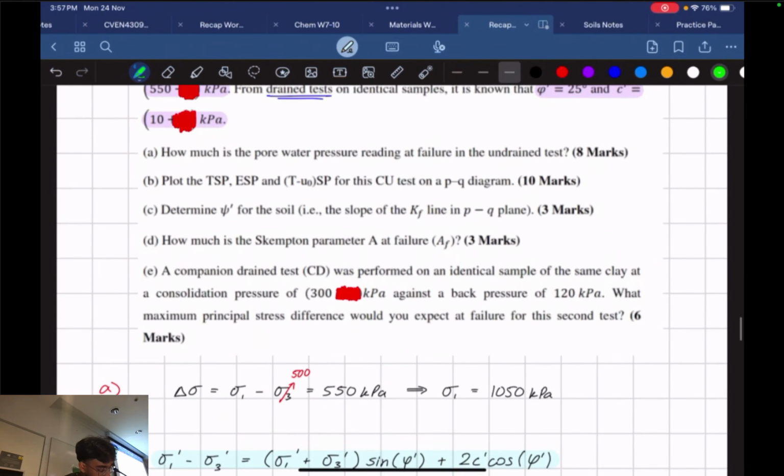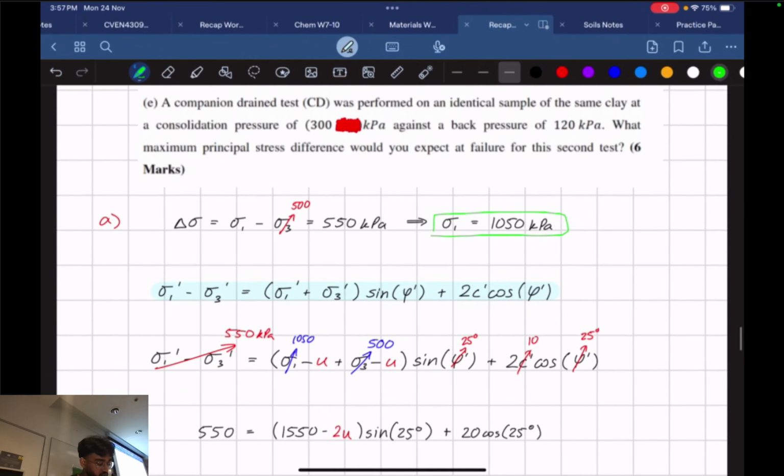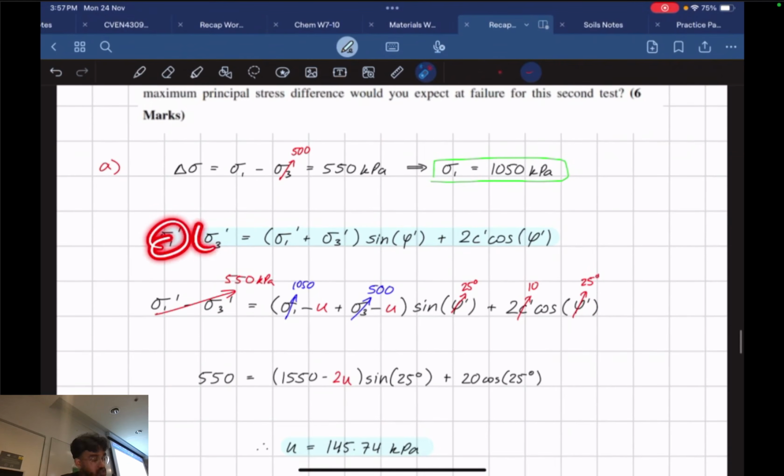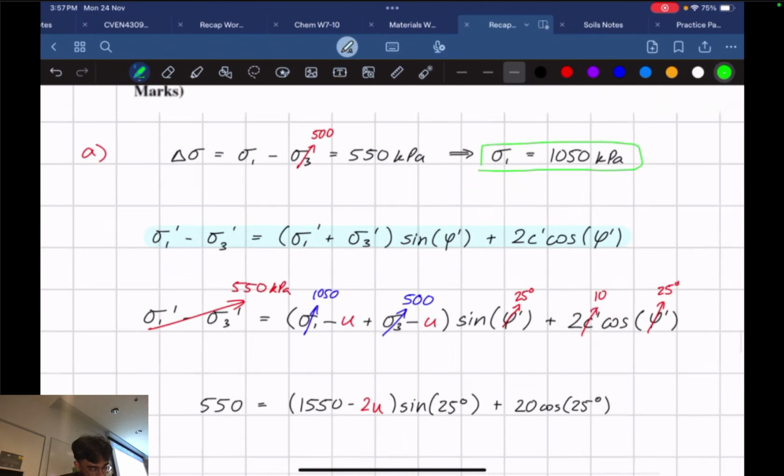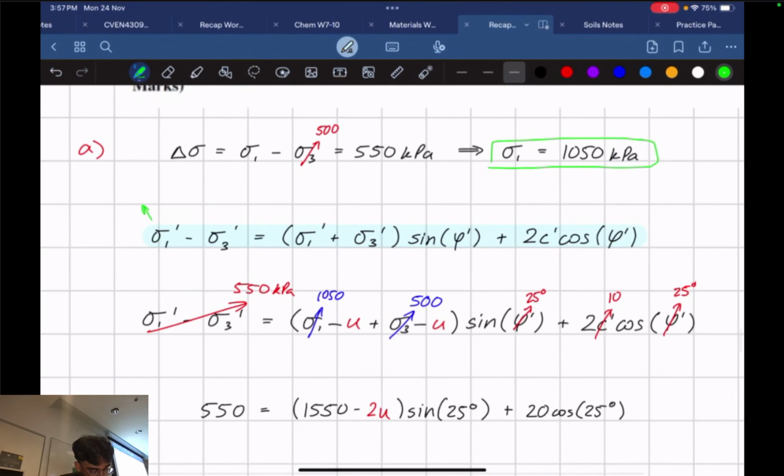When I did this, I figured out the value is 1050 kPa. We're going to need this later to find our pore water pressure, literally for the first question. So the principal stresses I've broken down into total stress minus pore water pressure. So this thing over here is sigma 1 minus U, sigma 3 minus U.